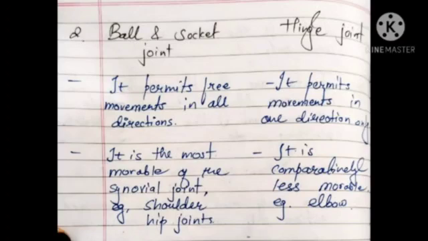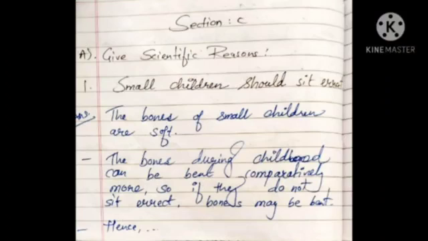In hinge joints, it permits movement in one direction only. Second point, it is the most movable of the spinal joints. Example, shoulder and hip joints. Second point, it is comparatively less movable. Example, elbow.